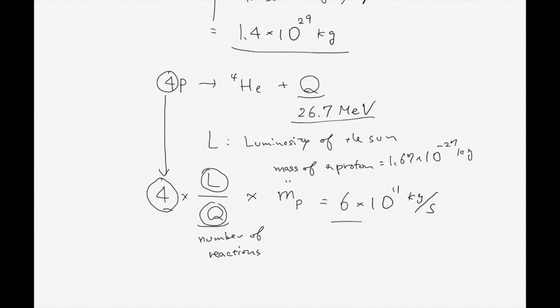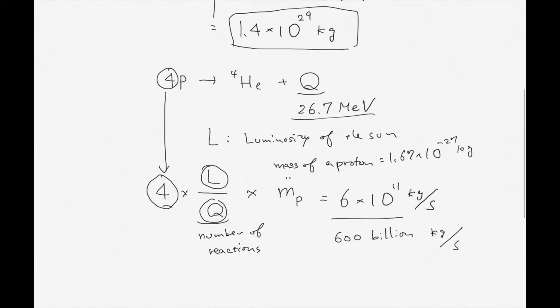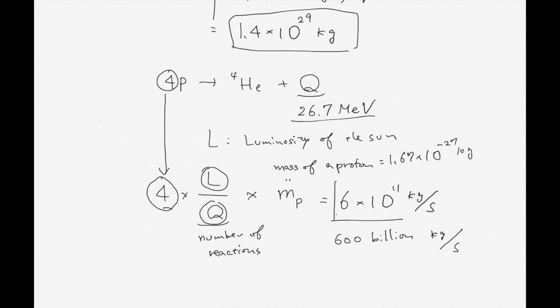So this means 600 billion kilograms of hydrogen is lost every second at the center of the sun. It's a really big number, but compared with this mass, it's still much smaller.